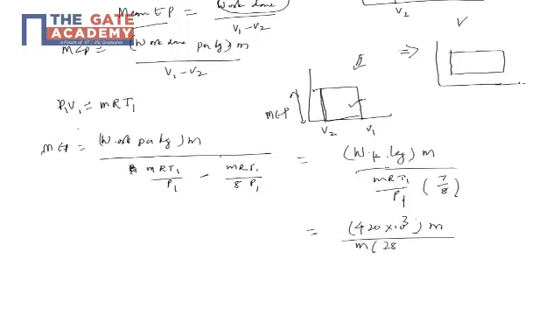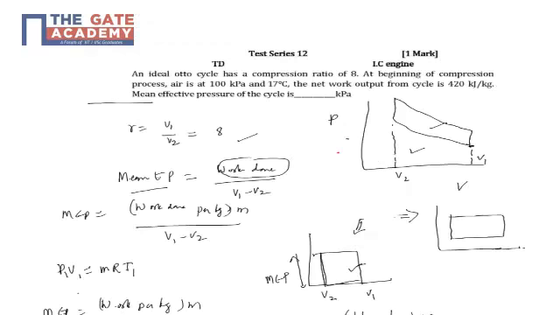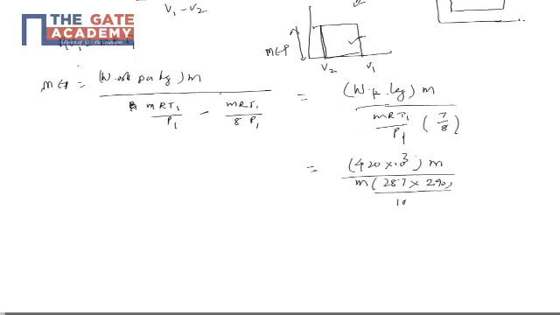R is 287 from the ideal gas equation, so 287 joules. Temperature, 290 in Kelvin, I am substituting, and the pressure is given as 100 kPa at the starting point, so 100 into 10 power 3 into 7 by 8.